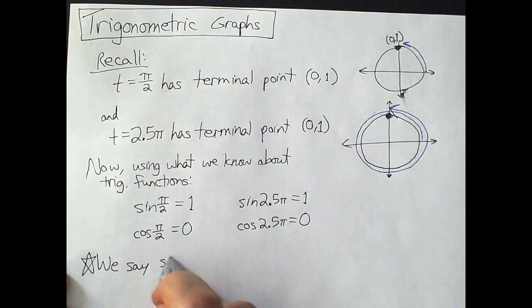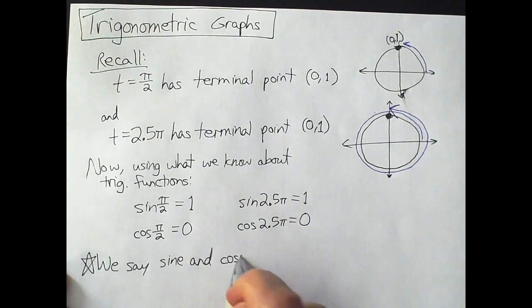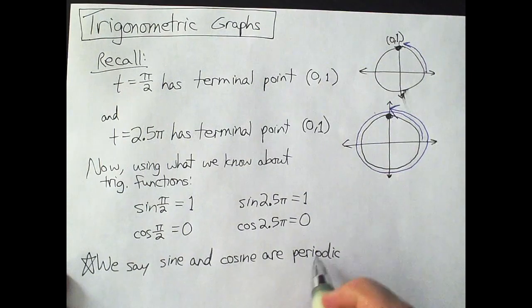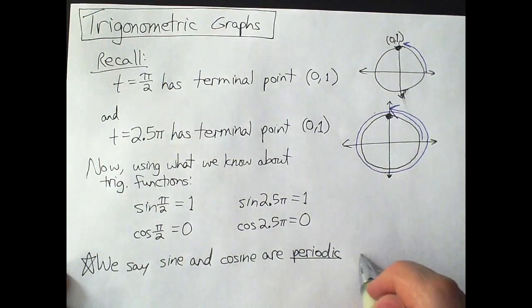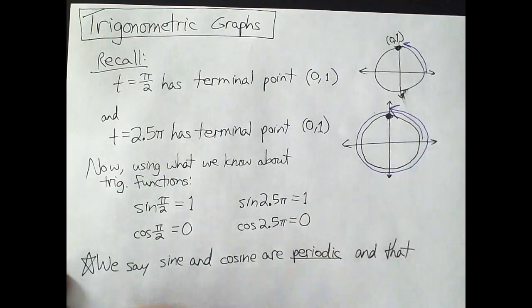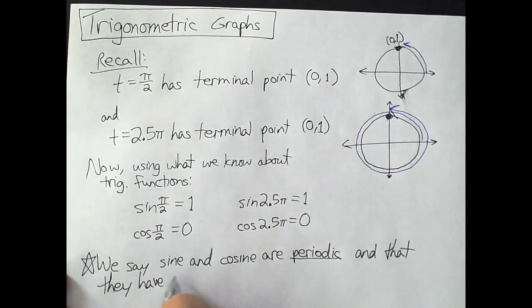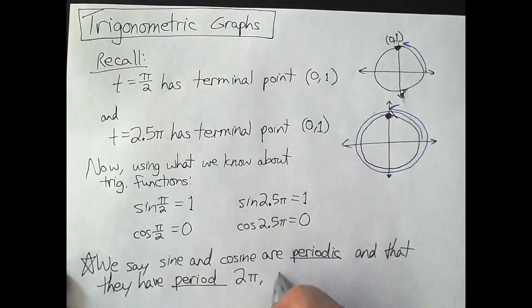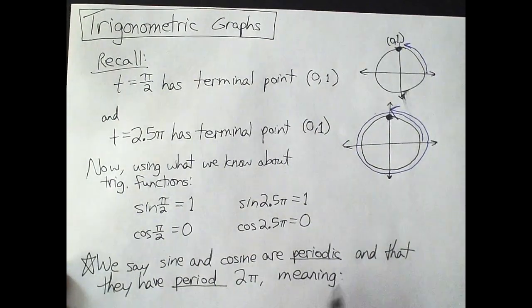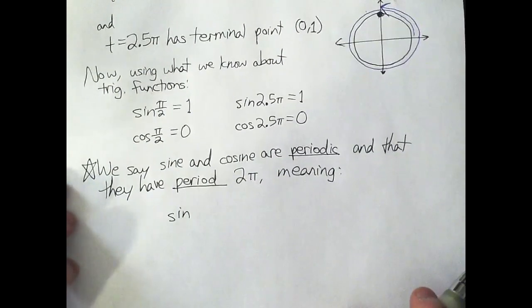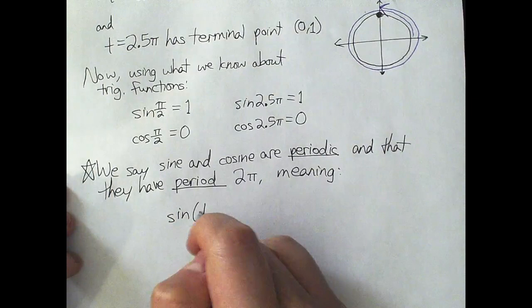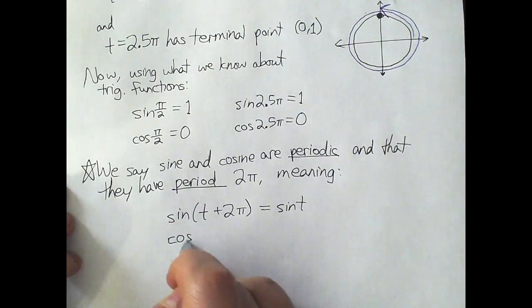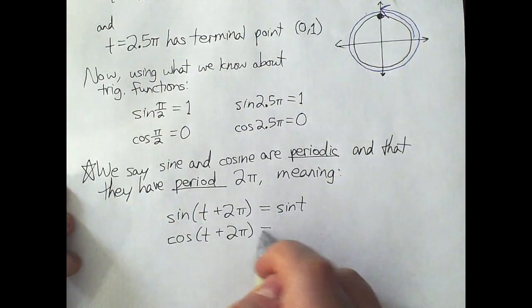We say sine and cosine are periodic, meaning they are periodic functions, and they have period 2 pi, meaning that sine of t plus 2 pi is going to equal sine of t, and cosine of t plus 2 pi is going to equal cosine of t.